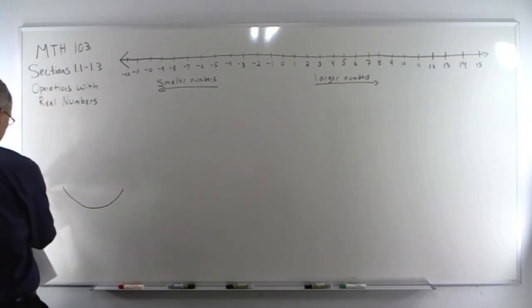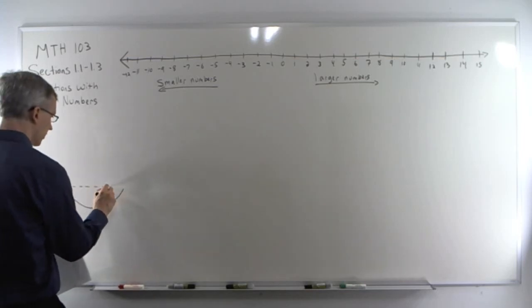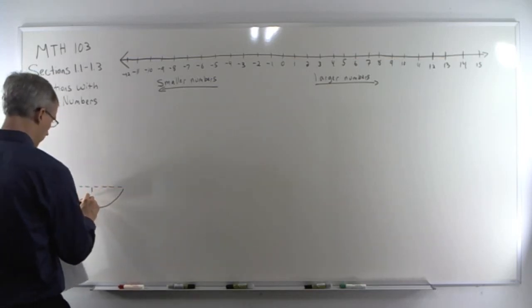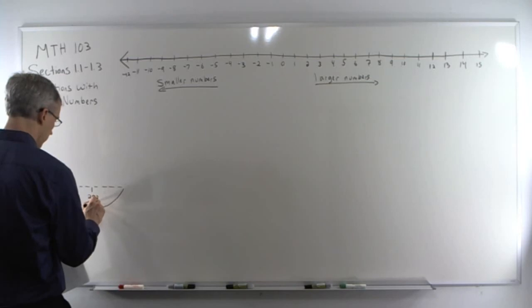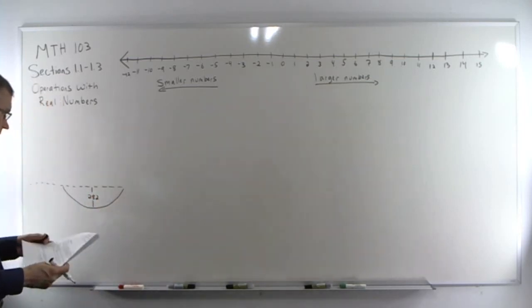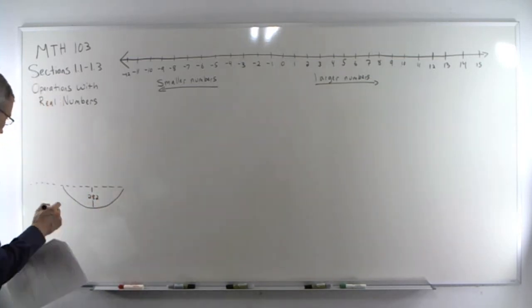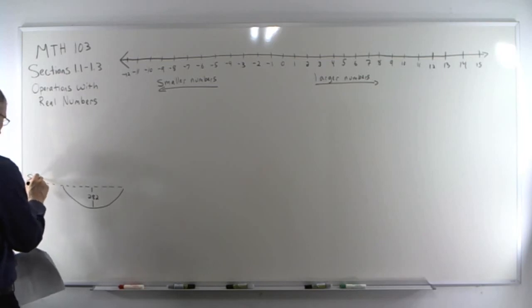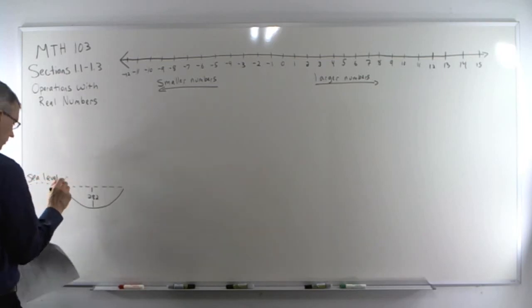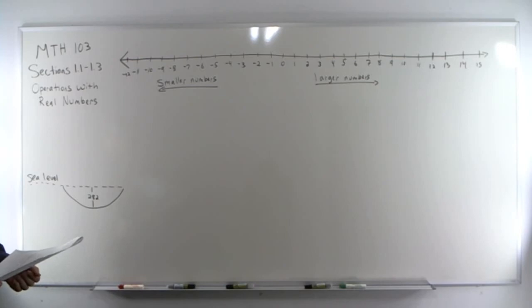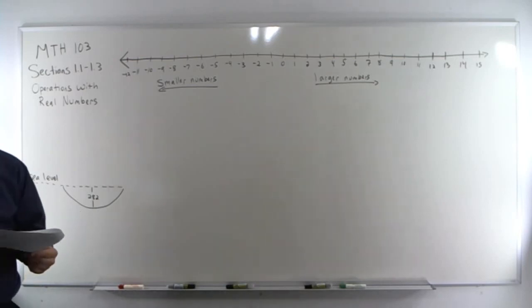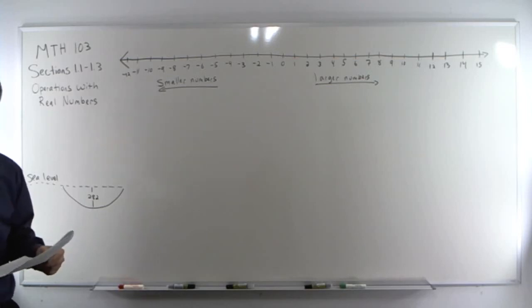And let's say this is sea level. And then only 85 miles away is the highest point in the entire contiguous United States, not including Alaska.